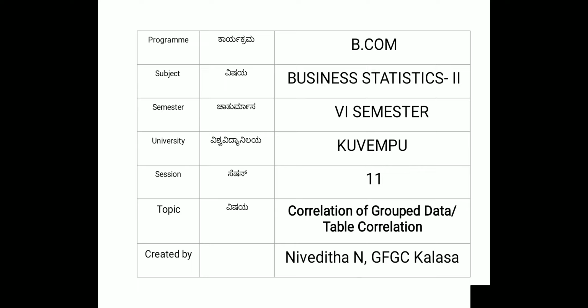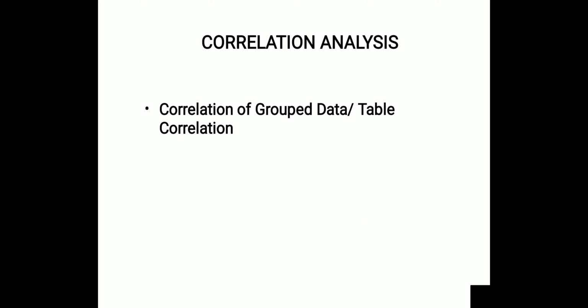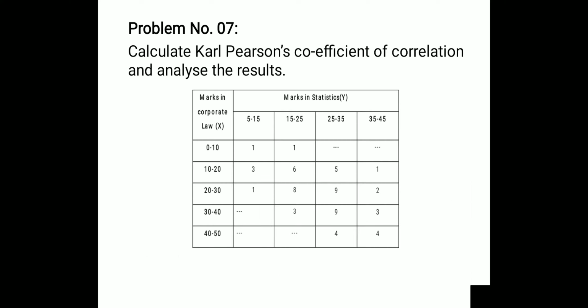Like in the previous sessions, in this session also we will be studying the correlation of grouped data, or table correlation. Let us discuss one more illustration related to table correlation.